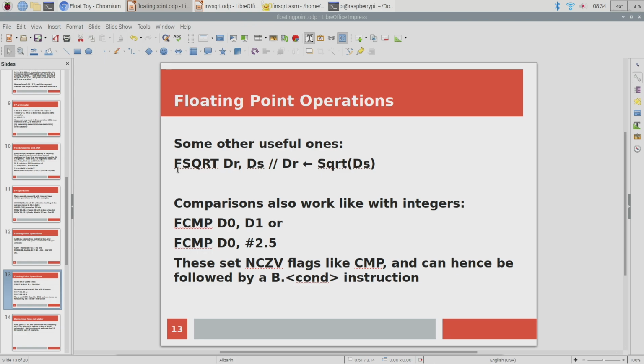But you do have things like f square root, okay? And obviously that's handy. There's division, multiplication, square roots. There are actually hardware instructions on this architecture for exponents and logarithms, which is kind of handy. Okay.